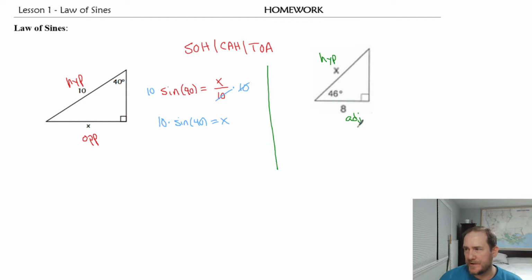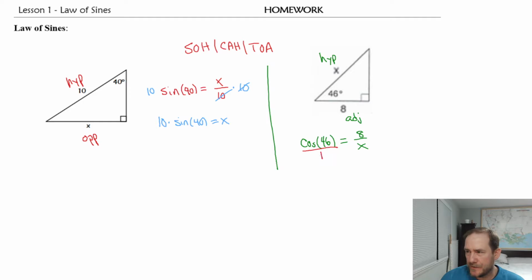So I think a couple of different things will happen here. This time it's not a sine function, it's a cosine function. So we'll say cosine of 46 is equal to 8 over x. So there's another difference. Our variable's in the denominator this time, but no big deal.